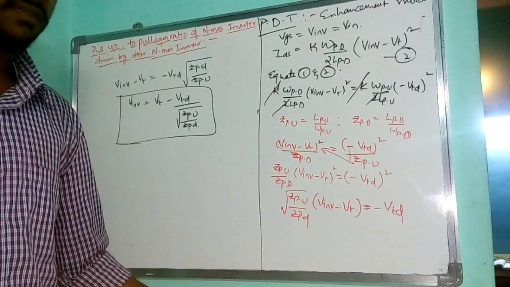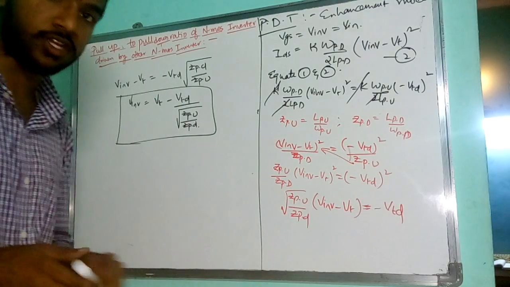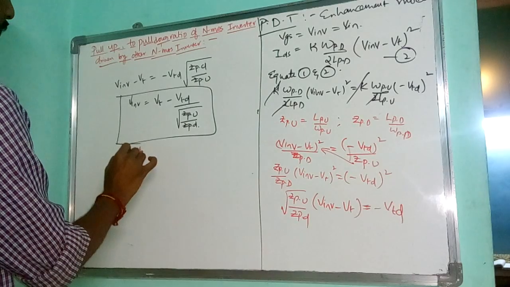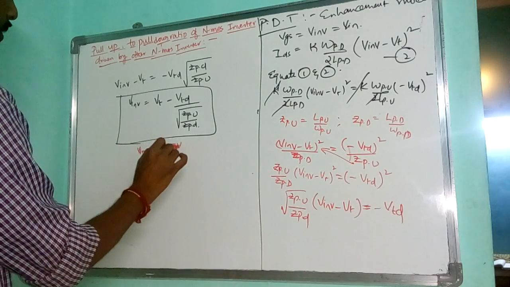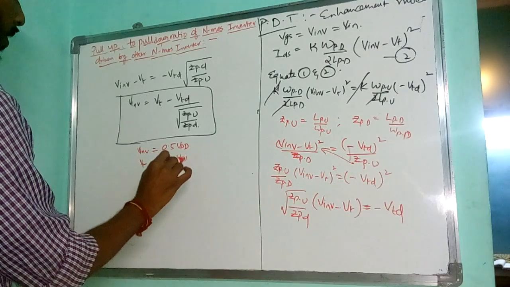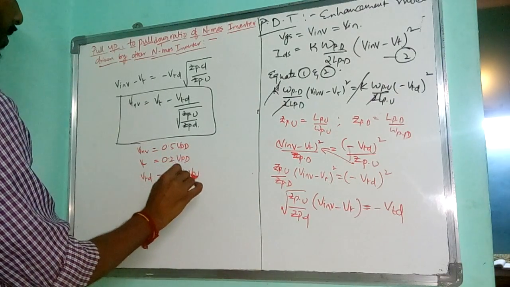But we take specific values for V inverse, VT and VTD. We get the aspect ratio as pull up to pull down ratio, as I consider V inverse to be 0.5 VDD, VT should be 0.2 VDD, VTD should be minus 0.6 VDD.